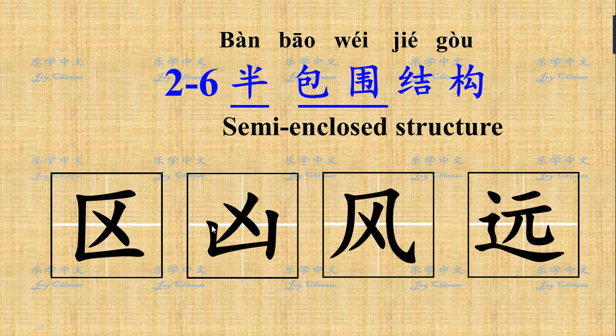This one is the same. The top is not closed, right? And here the bottom is not closed. It can be from different directions. And this one, only two sides are closed, and the other two are not. It's called 半包围结构.